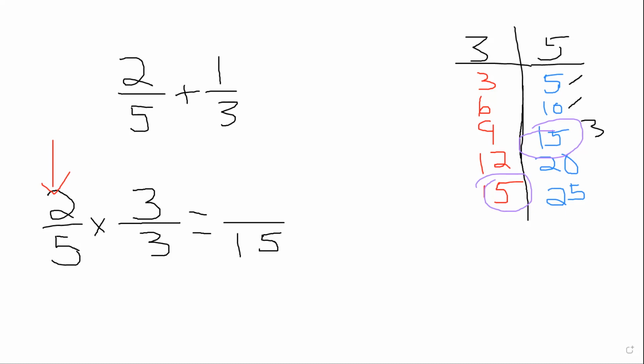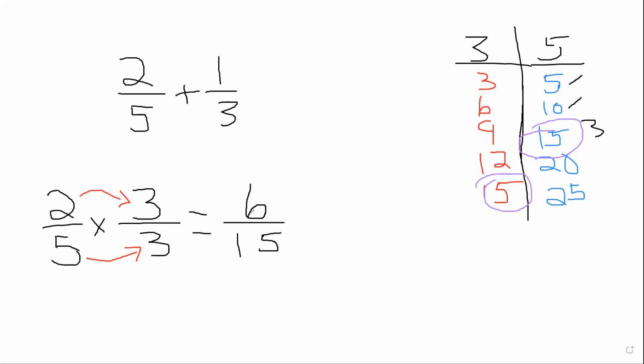So then we will take our 2 and multiply it straight across, just like we did for the 5 here. We did 5 times 3 and got 15. So now we do 2 times 3 to get 6.